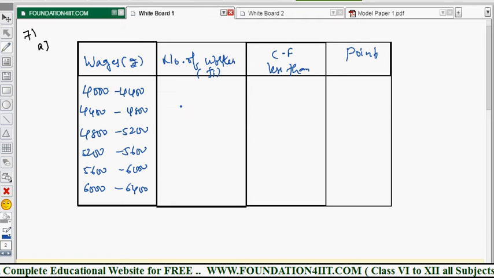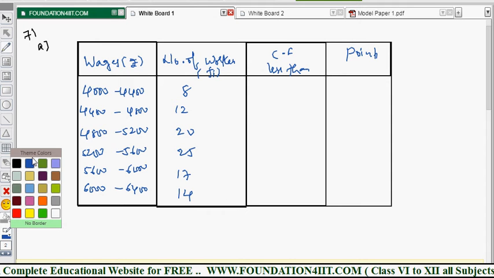This is the wages, and the number of workers is 8, 12, 20, 25, 17 and 14. We can find out the less than cumulative frequency. The first number is 8 as it is.